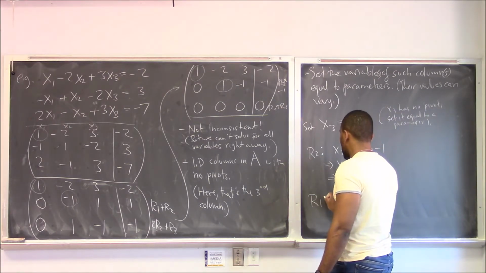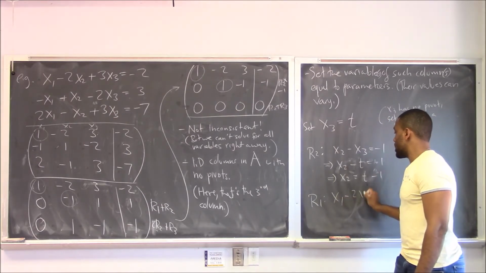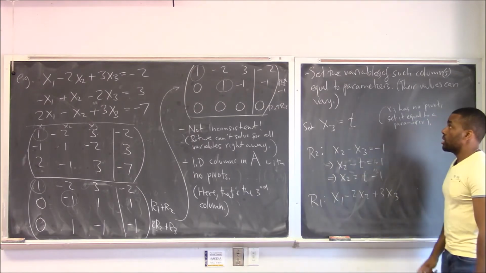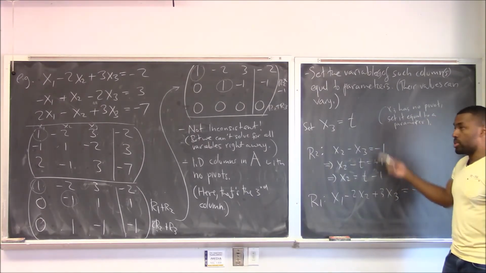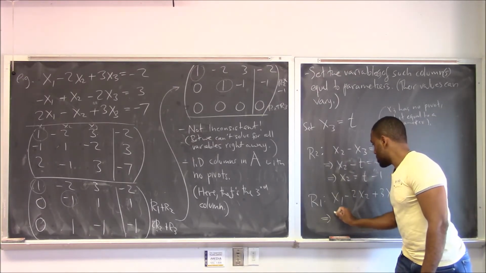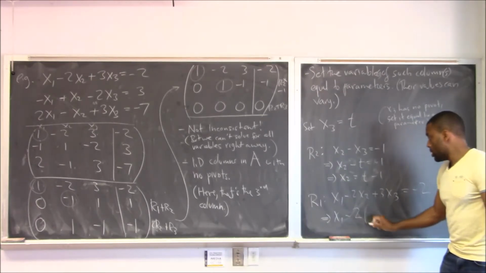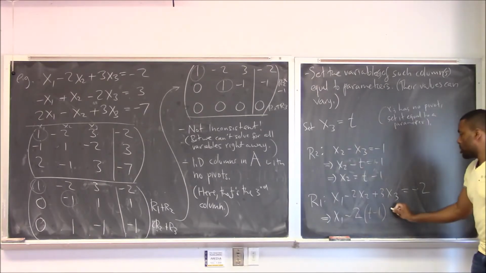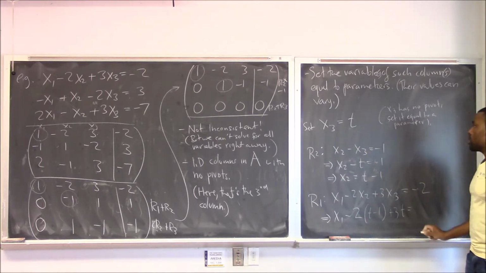Then you go to row 1 to solve for x1. Row 1 says x1 minus 2x2 plus 3x3 equals minus 2. And now I can back substitute. So this means x1 minus 2, my x2 was t minus 1, plus 3x3, my x3 was t, and that would be minus 2.